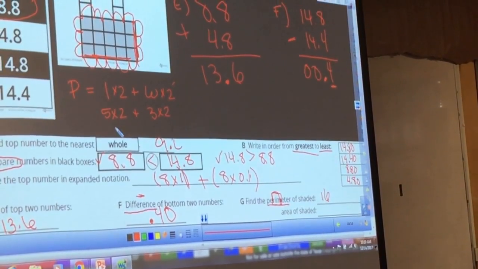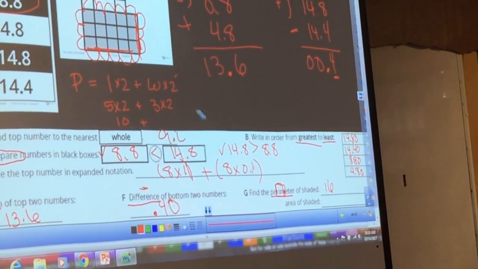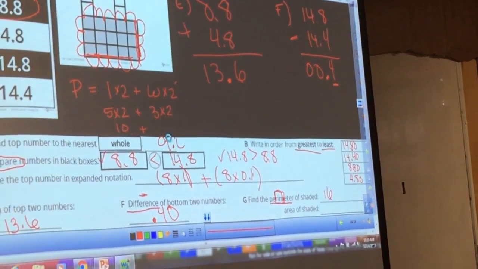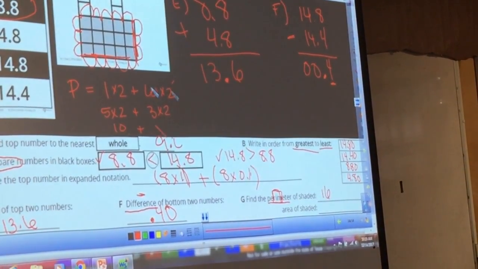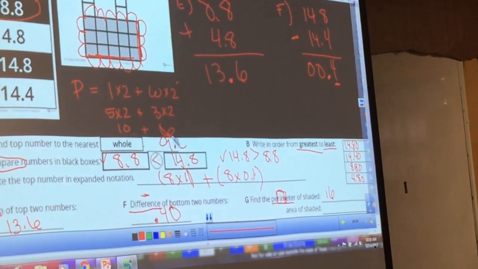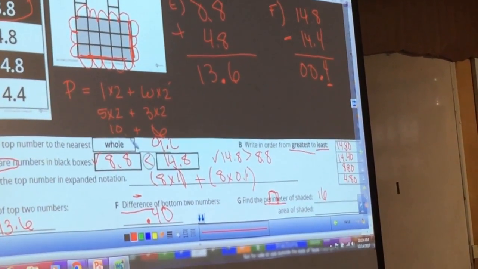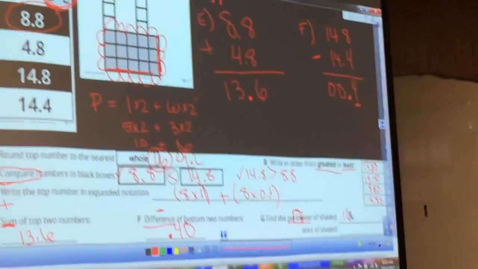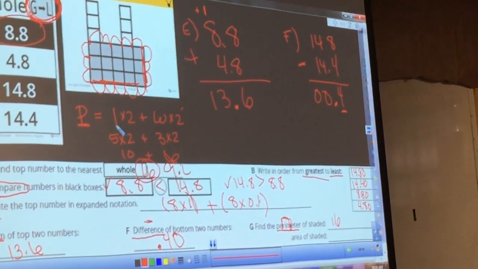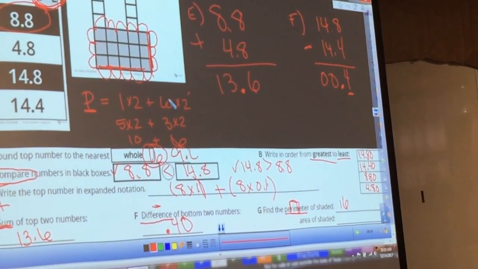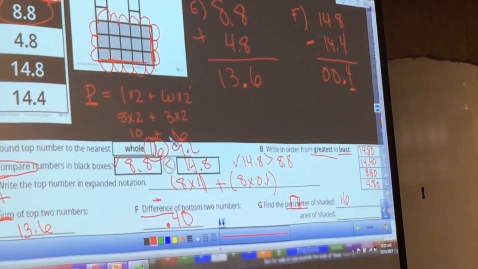What's 5 times 2? 10. Plus what's 3 times 2? 6. And what is 10 plus 6? 16. So it equals 16 here. So whether you use the formula, which is L times 2 plus W times 2, length and width, or count, you get 16.